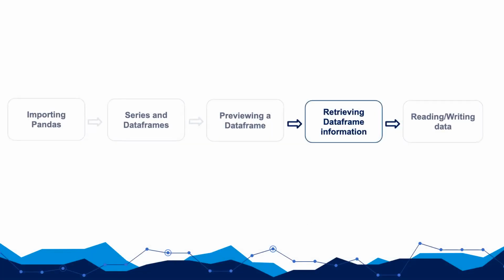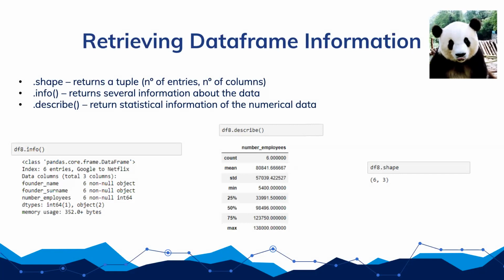To retrieve some information about the DataFrame, you have shape. If you use dataframe.shape, you get a tuple with the number of rows and the number of columns. You can also use info. With info, you can get several pieces of information about the data: how many entries you have, how many columns you have, the name of each column, and how many non-null objects you have.